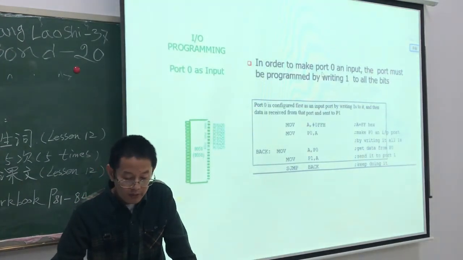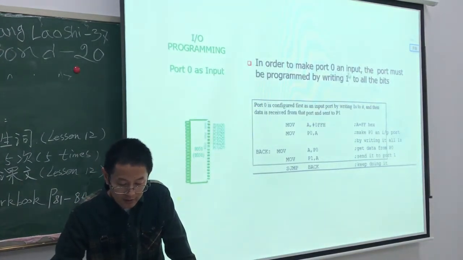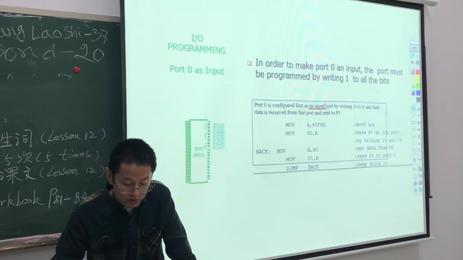In order to make port 0 an input, the port must be programmed by writing ones to all the bits. Port 0 is configured first as an input by writing ones to it, and then data is received from that port and sent to P1.